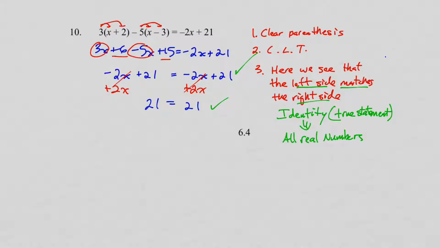Or if you want to keep going, we're going to get the same thing. Okay, so either way, any of those three green check marks are the points in which you can see the identity. Okay, so this is a true statement.